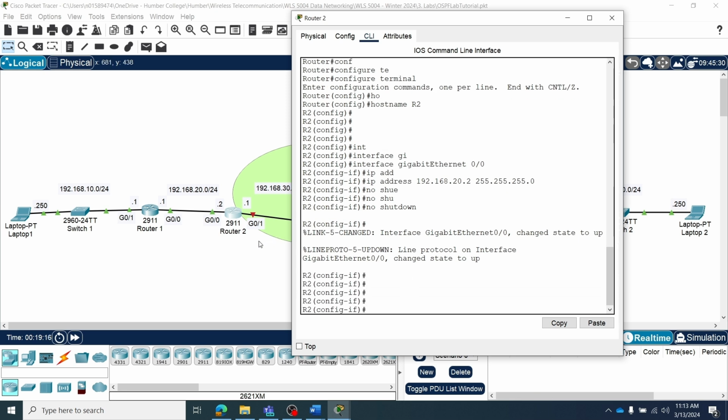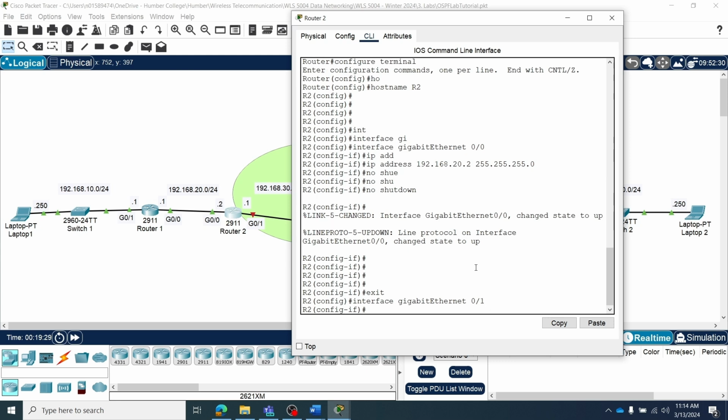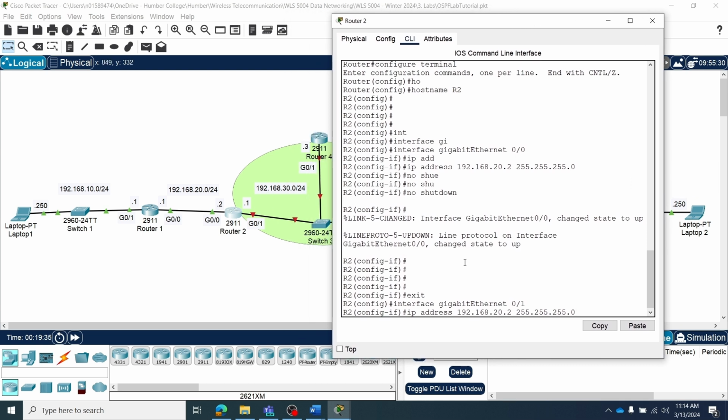Then we need to configure the IP address on gigabit Ethernet 0/1. So let's do that. Interface gigabit Ethernet 0/1, then IP address. The network is the 130 network, right?